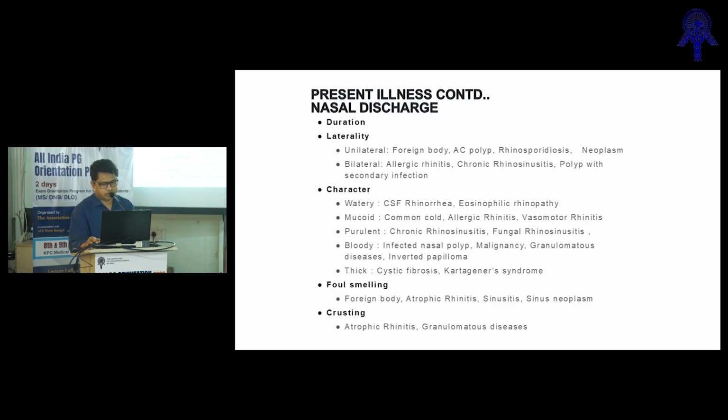In case of foreign body, atrophic rhinitis, and severely infected purulent sinusitis, there is foul smelling discharge. Another is crusting. Atrophic rhinitis and granulomatous disease cause crusting inside the nose.